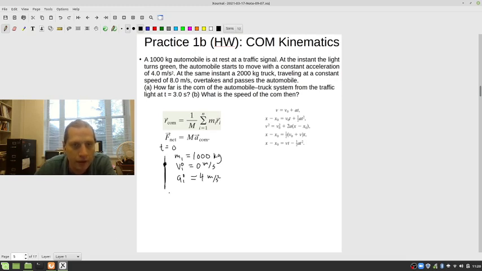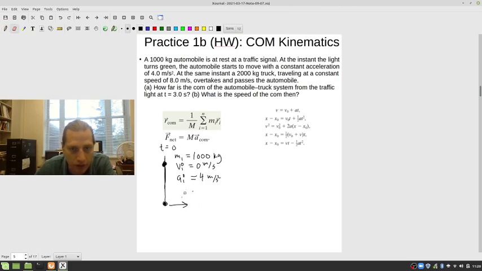Okay? Now, this is a one-dimensional problem. Everything is just moving in the x direction. But you have another particle, and at the beginning, they're both crossing this, let's call that x equals 0. They're both at x equals 0, but this mass 2 has some initial speed of 8 meters per second.